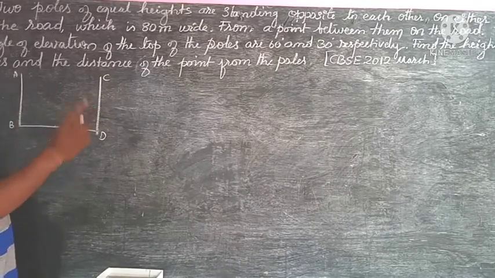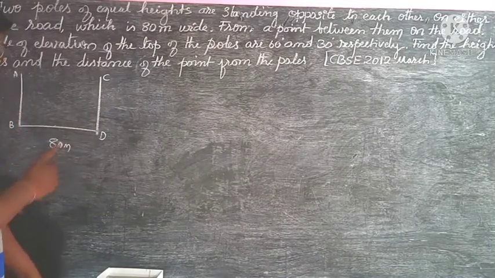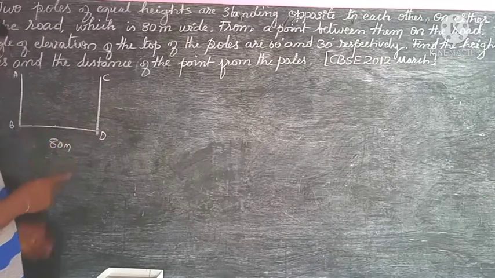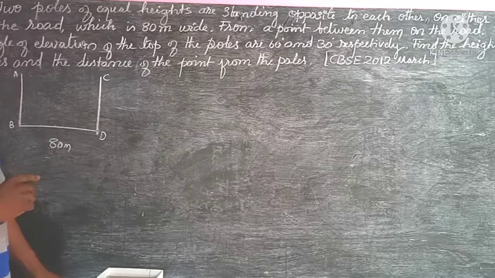One should be 60 degrees and the other 30 degrees. Therefore this point is not the midpoint of BD.